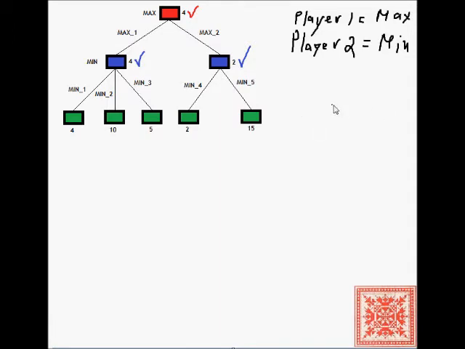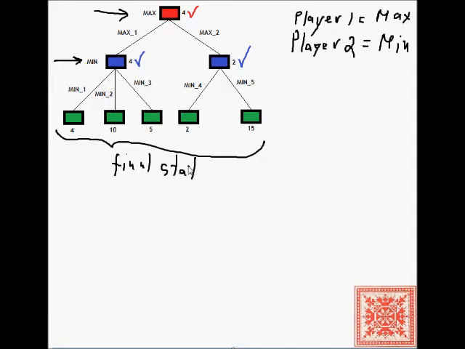The objective of the Max player is to maximize the gain or utility, and the objective of the Min player is to minimize utilities. Here's Max, red states, then Min, blue states, and green states are the final states. This particular tree encodes a two-move game. First Max makes a move, Max 1 or Max 2, and then Min makes a move depending on the move of Max.